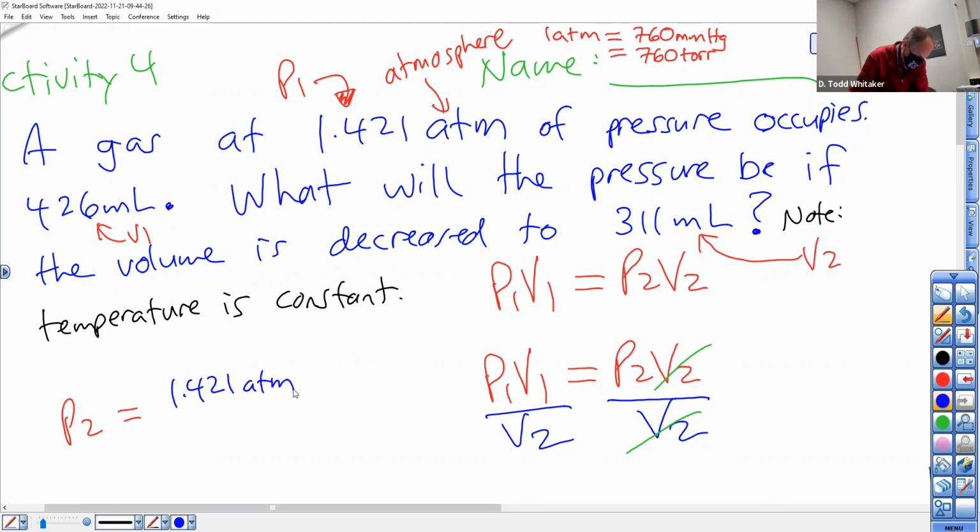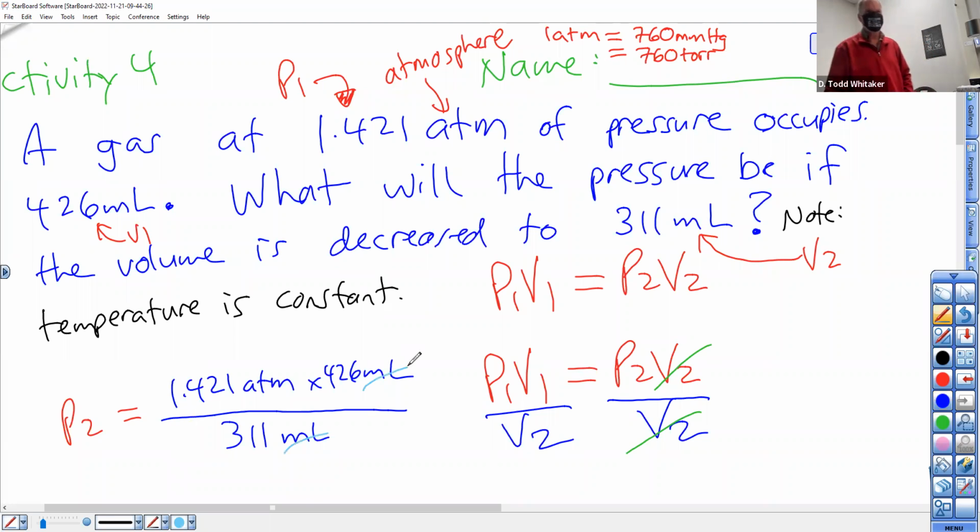V1, 426. And the units, if you did your math correctly, will take care of themselves over V2. And that's milliliters. Milliliters are gone. Surprise? Heck no. It's leaving us with ATM, which is a unit of pressure. And we're going to have 426 over 311.